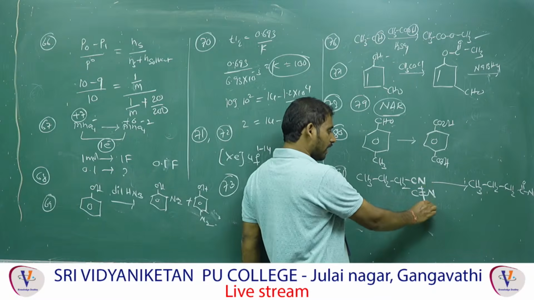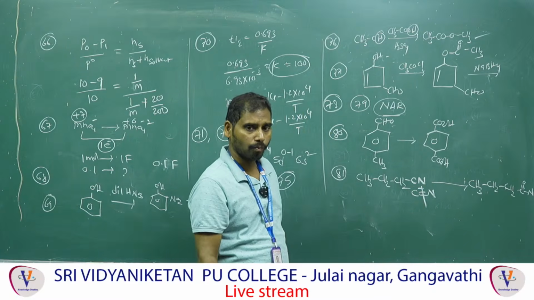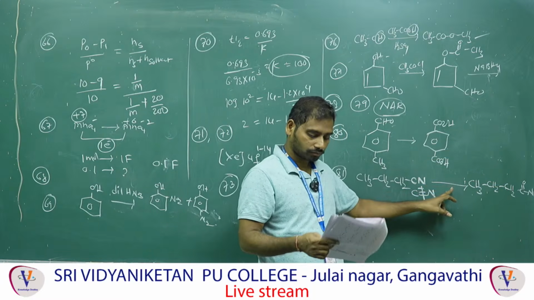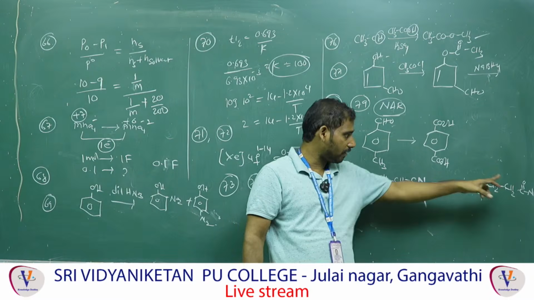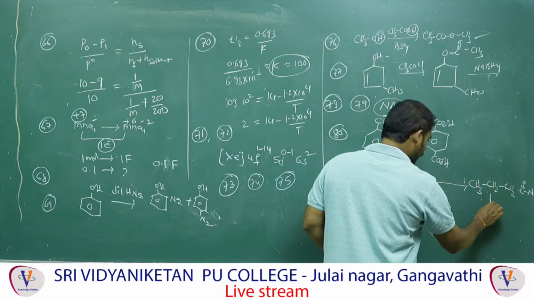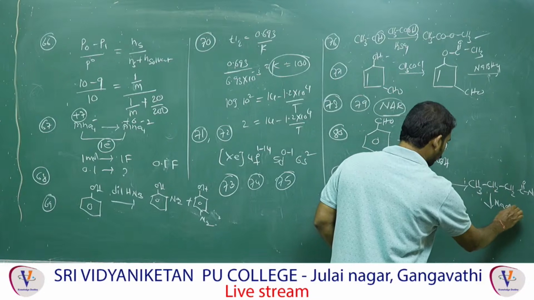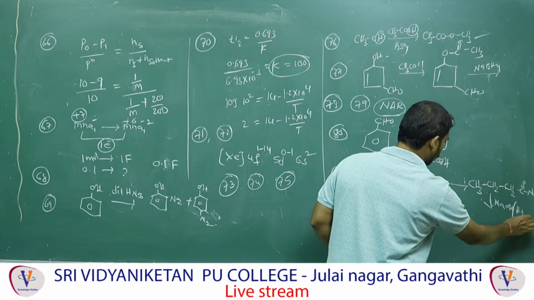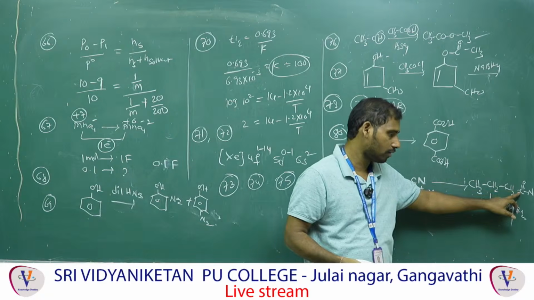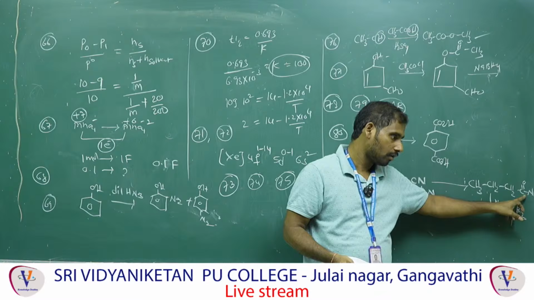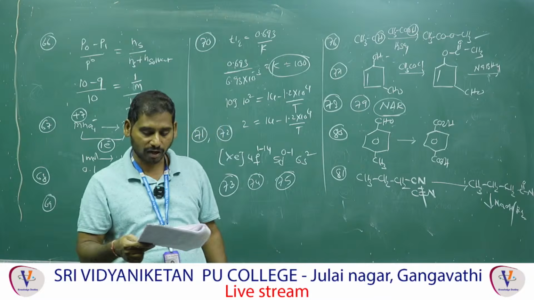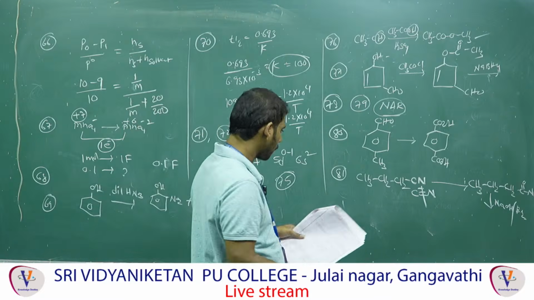These 3 bonds you have to break, adding 3 water molecules. Complete hydrolysis directly converts to acid. Now they said partial hydrolysis, so first we convert to amide. Then the amide reacts with NaOH and Br2. This is called the Hofmann bromamide reaction. Amide to amine. That means this CO is eliminated. If the number of carbon atoms in the reactant is n, the product has n-1. That means 1 carbon atom decreases. That is called propanamine, that means propylamine.